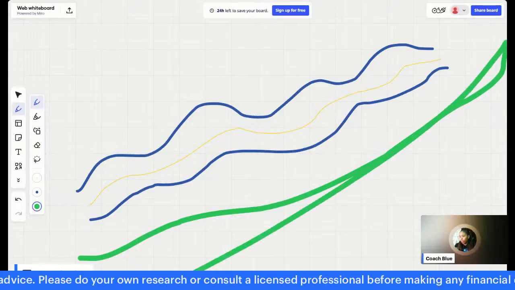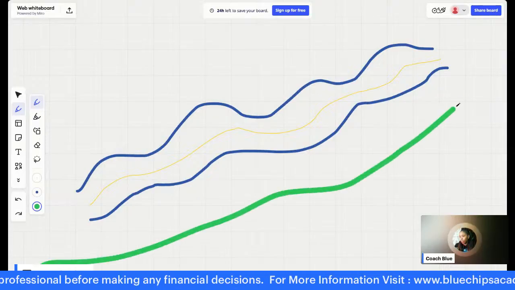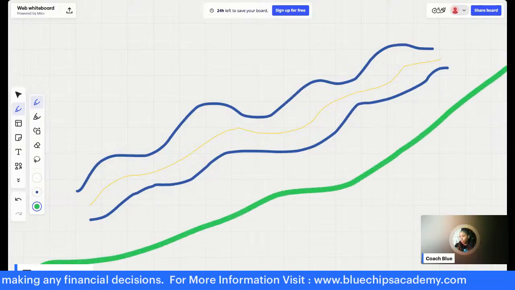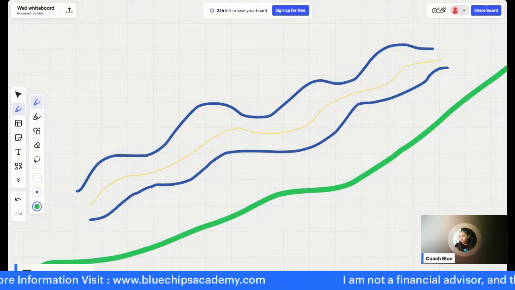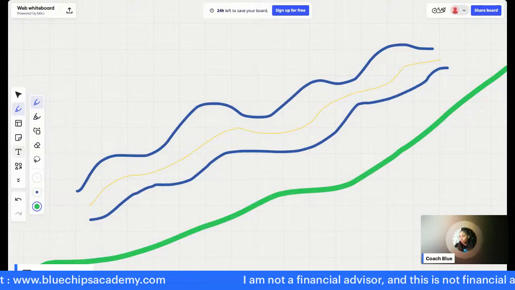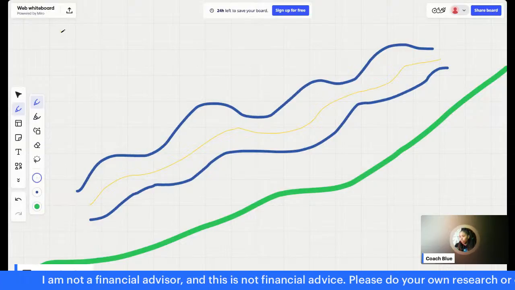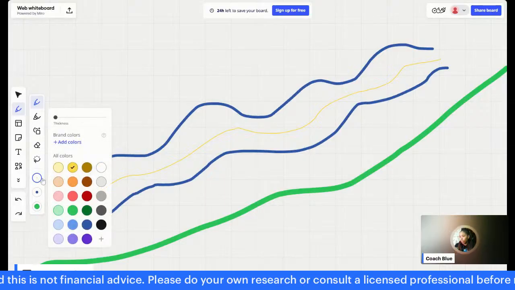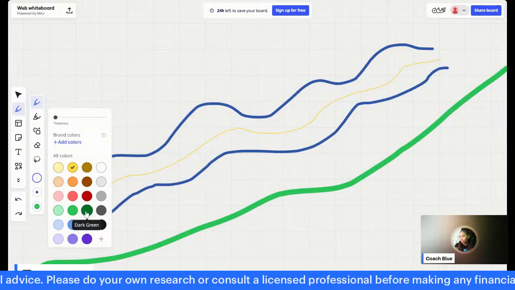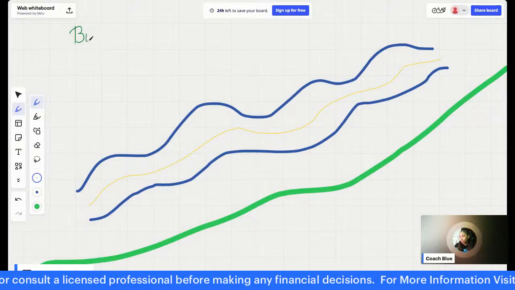Now we have the direction, so we know the market is going up, and the only thing we should be looking for are buys.